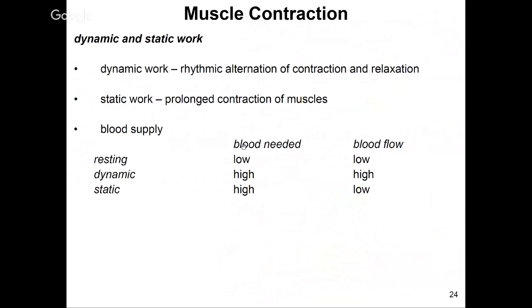For example, if you're resting, you don't need a lot of blood and you don't have a lot of blood flow. If you're doing dynamic work, then there's a lot of blood needed and there's a lot of blood flow. So you should be getting the blood you need, or you're getting close to it.